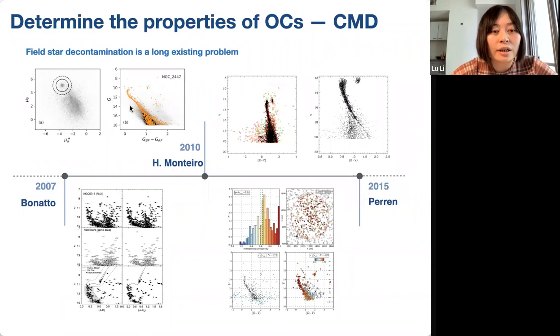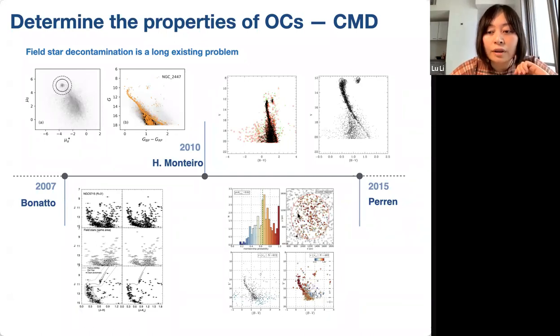Historically, people usually pick up the clean members in the CMD and then do the isochrone fitting by eye or by some automatic method. This is the by-eye method, and this is an automatic method. They are always using a cleaner sample of the cluster.